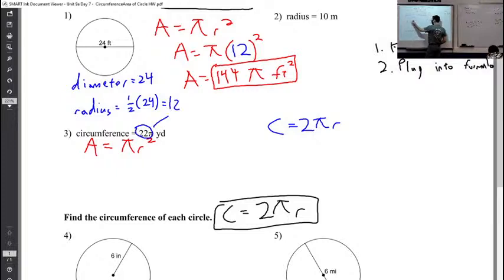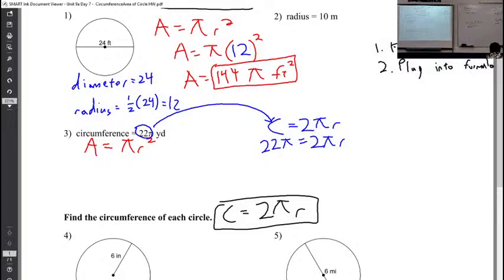So I'm going to take that 22 pi and put it in for circumference. And I'm going to use that to solve for my radius. We're using this to solve for r.